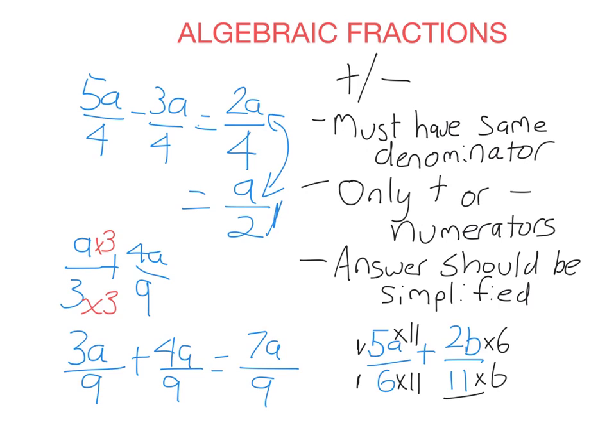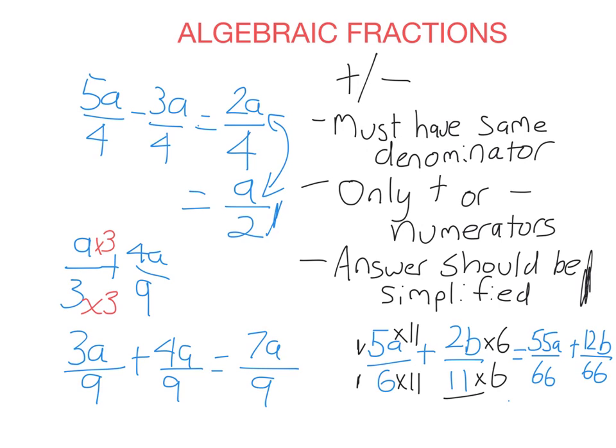It may not be the lowest common denominator, however, so you have to make sure that you cover point 3 here, that you simplify your answers if necessary. So 5a times 11 gives me 55a, 6 times 11 is obviously 66, and then I get 12b over 66 again.